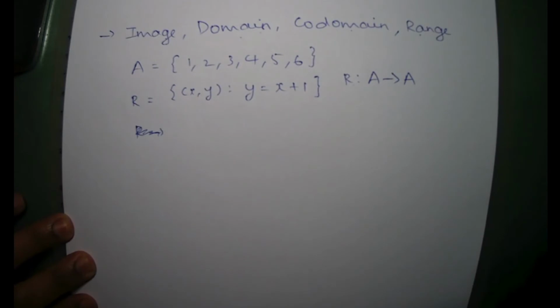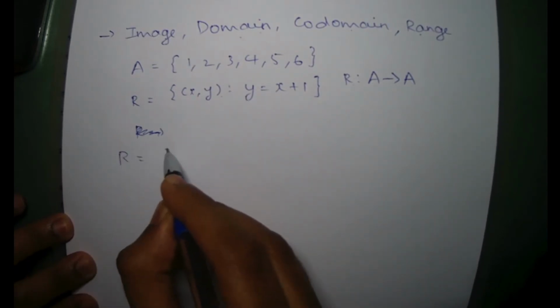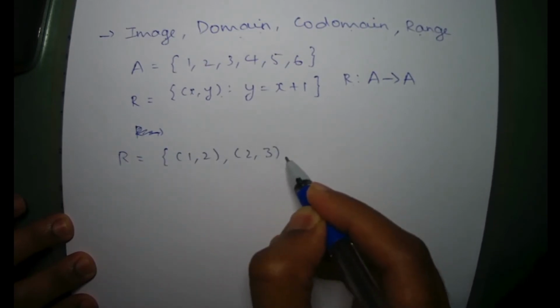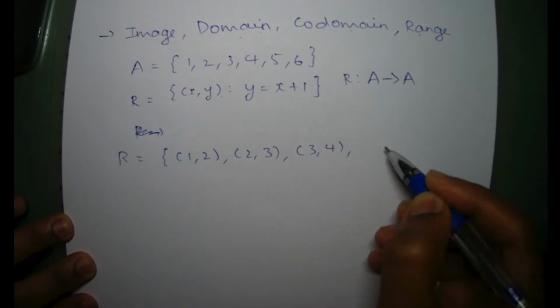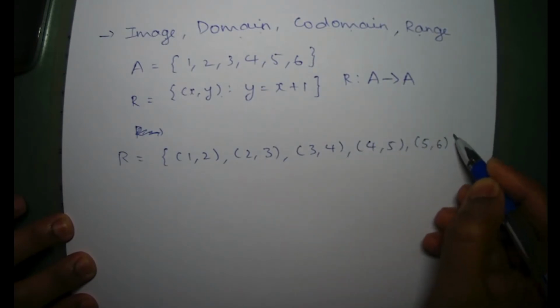So once we apply this relation, we will get R as (1, 2), (2, 3), (3, 4), (4, 5) and (5, 6).